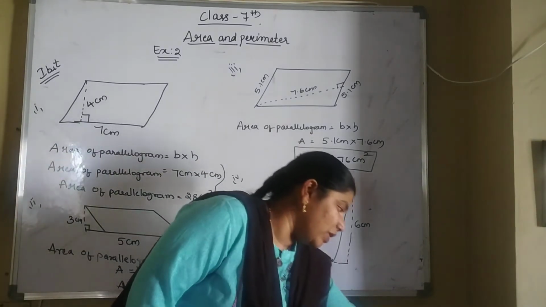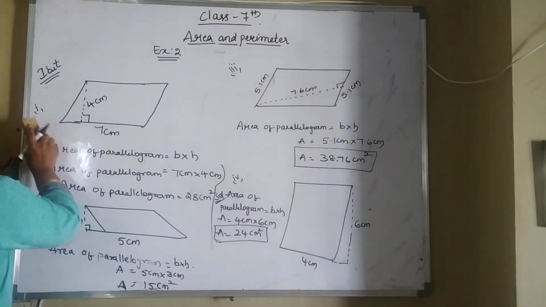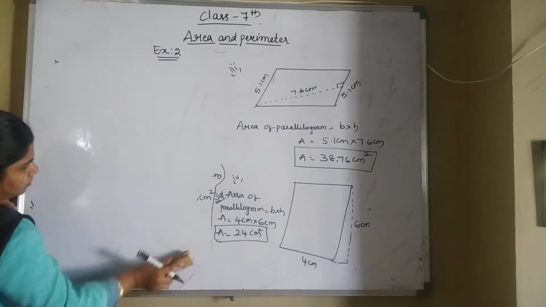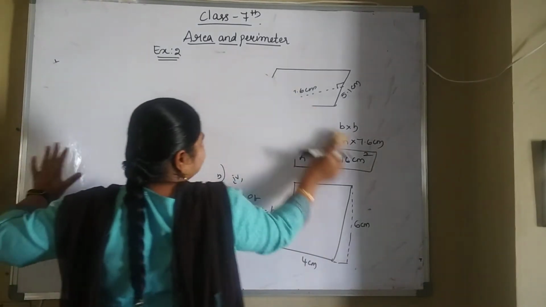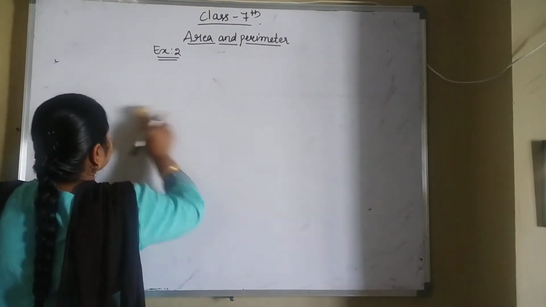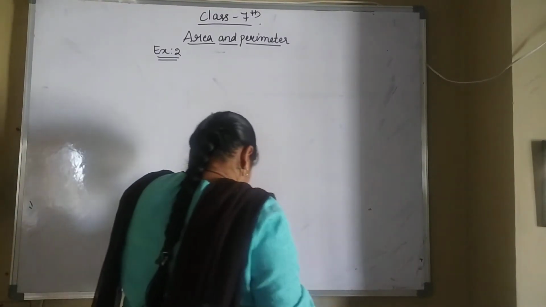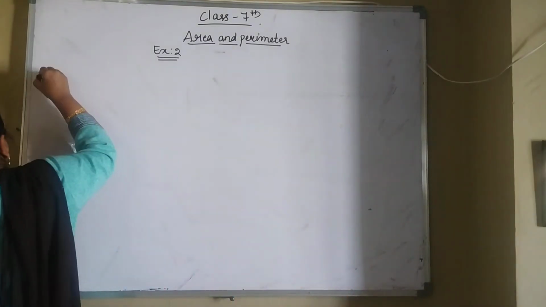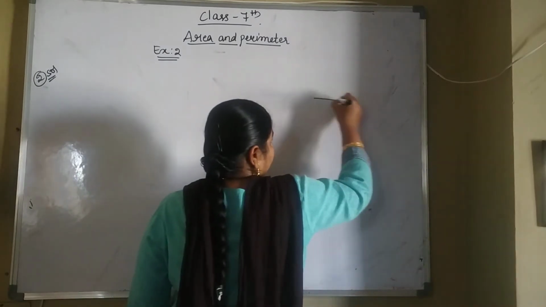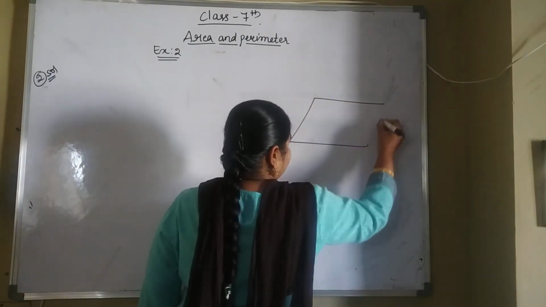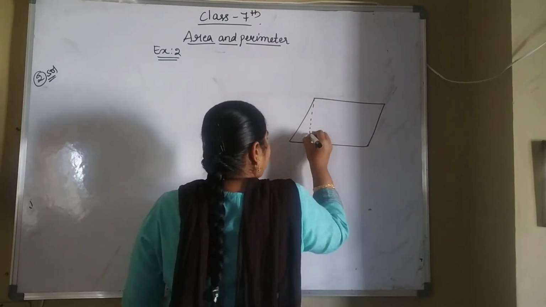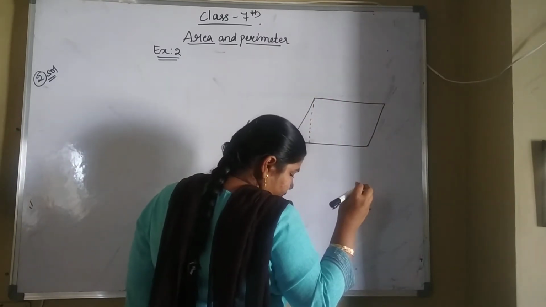So in that second question. So see here. Here they have given 2 height values and 2 base values.